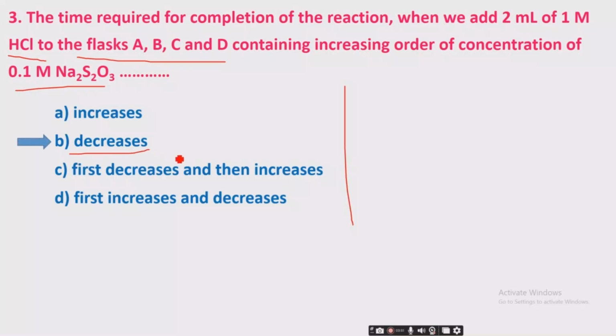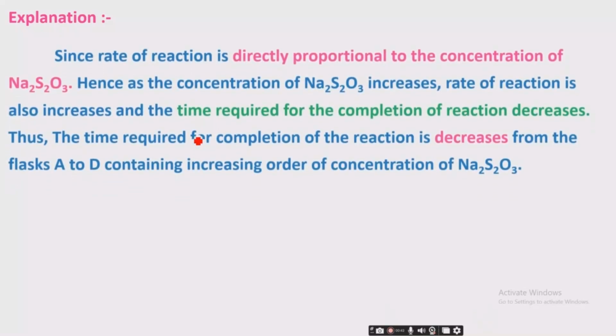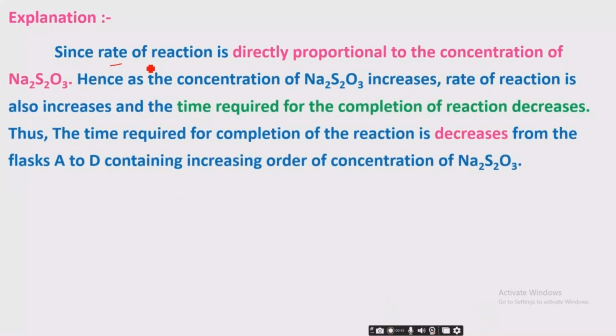So here is the explanation for this question. Since rate of reaction is directly proportional to the concentration of sodium thiosulfate, hence as the concentration of sodium thiosulfate increases, the rate of the reaction also increases, and the time required for the completion of the reaction decreases.